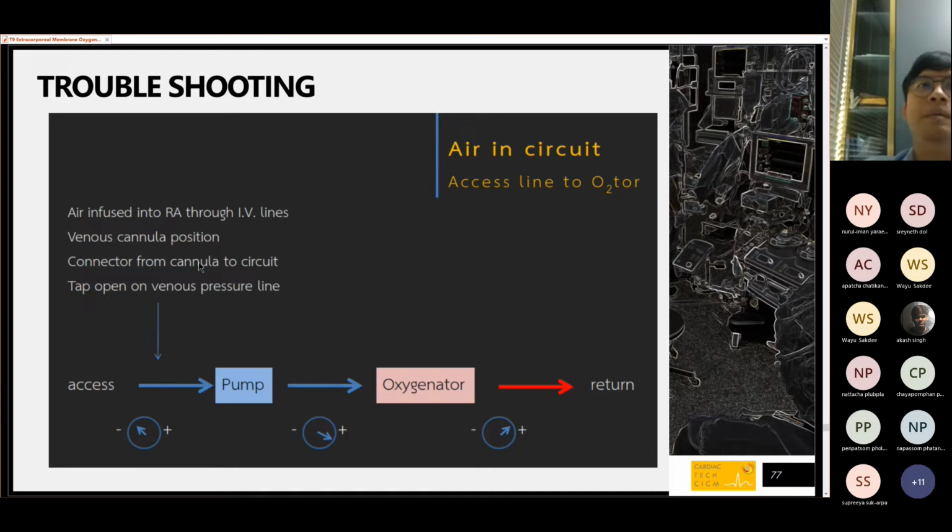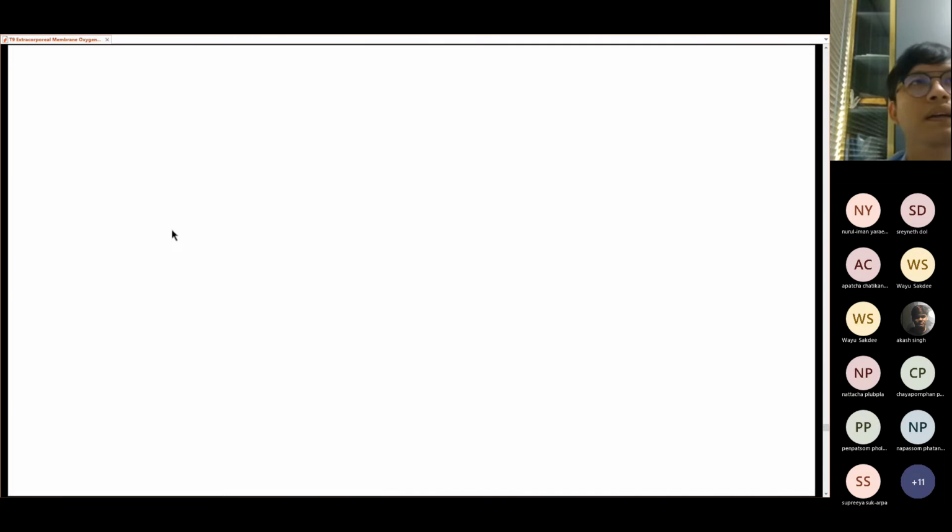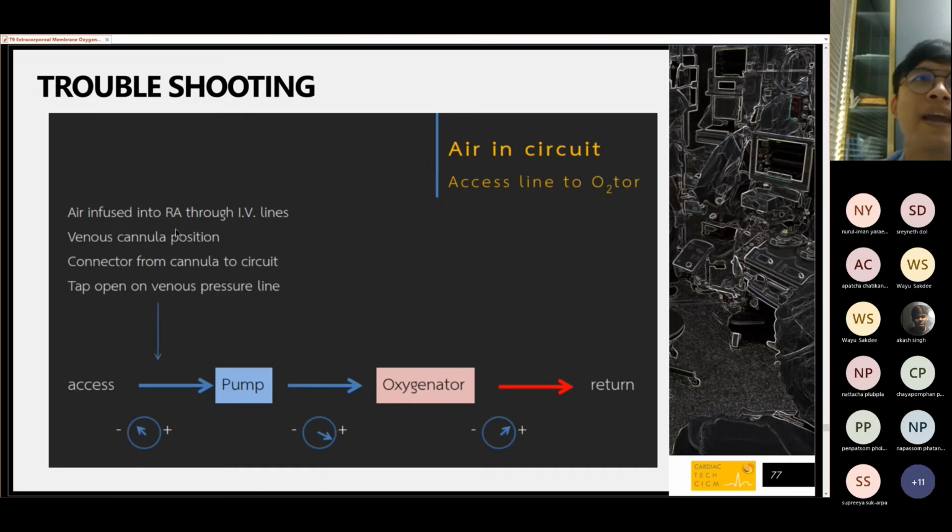But it may be from the patient itself, from the RA through the IV fluid line. That means if the nurse changes the syringe bag and forgets to clamp, it might let air into the circuit, into the RA and then go to the circuit.